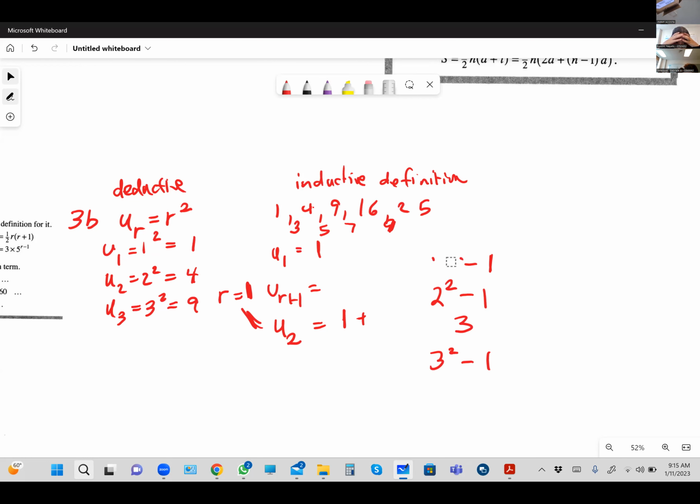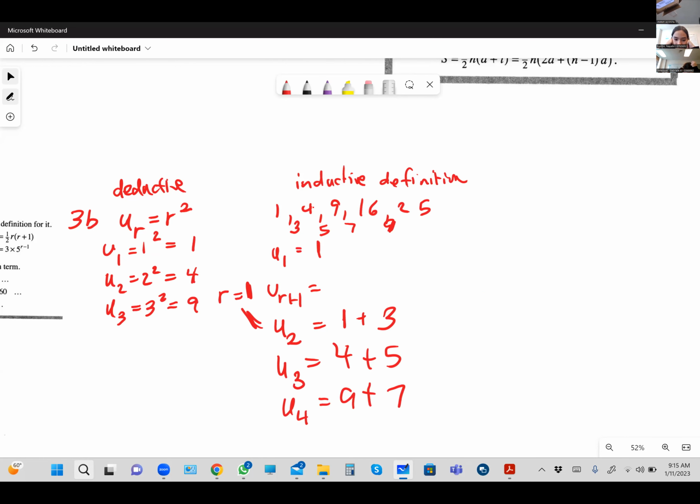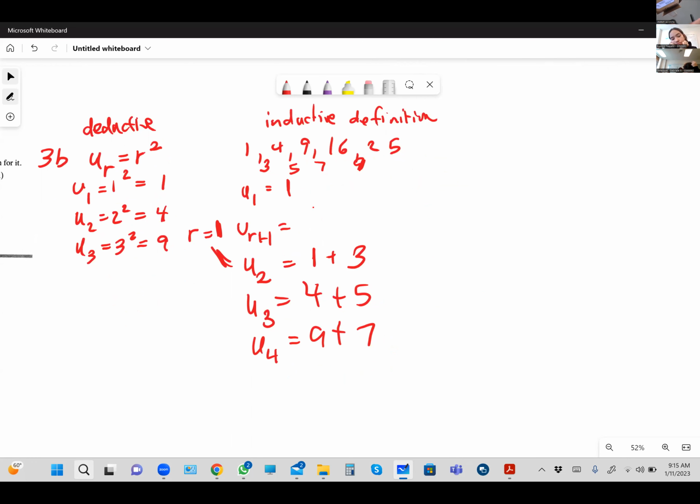So let's think of other things. Because here's what you need. You're going to need 1 plus 3. For u of 3, you're going to need 4 plus 5. For u of 4, you're going to need 9 plus 7, right? So how do you create 3, 5, 7, 9? Remember, in this case your R is 1.